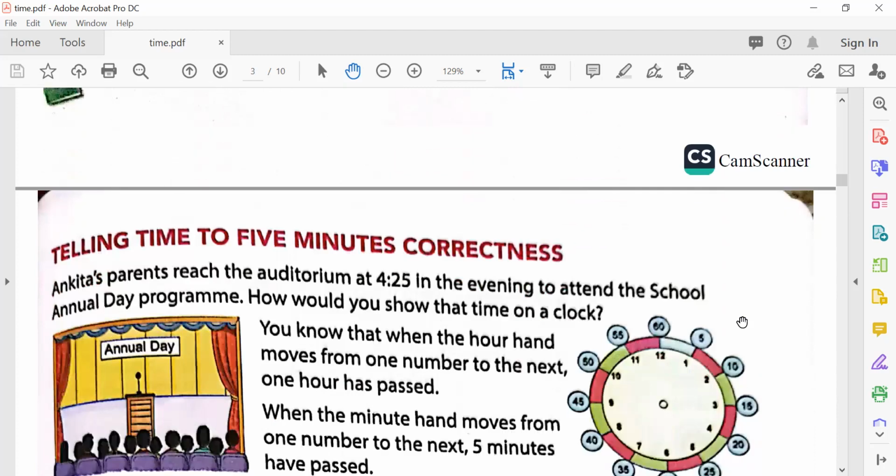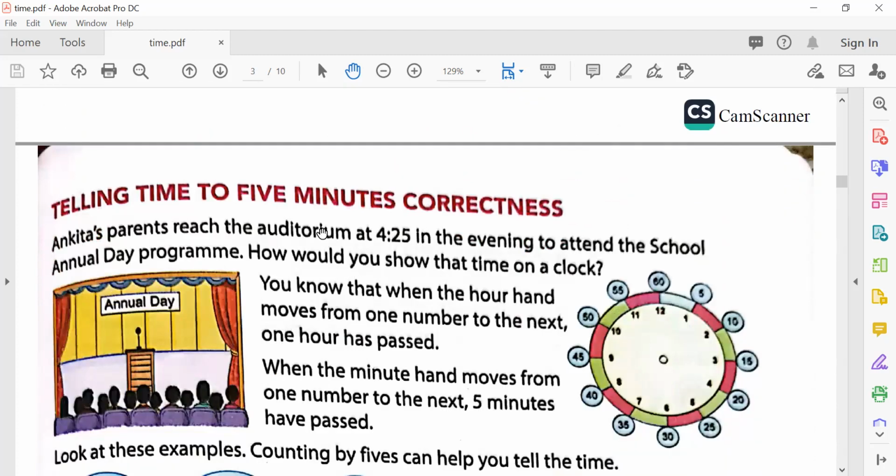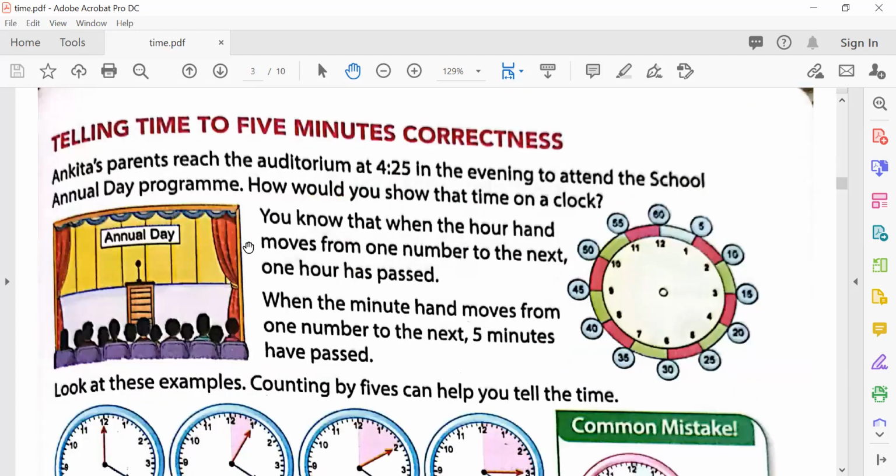Okay, so come here. Telling time to 5 minutes accuracy. Ankita's parents reached the auditorium at 4:25. Ankita was having an annual day, right? She was going for the annual day function. So the parents also came to the auditorium at 4:25 in the evening to attend the school annual day program. How would you show that time on a clock?